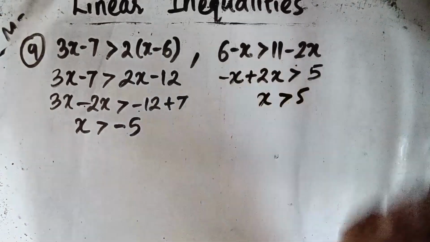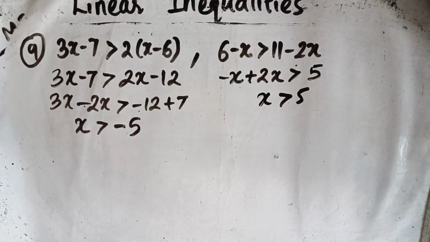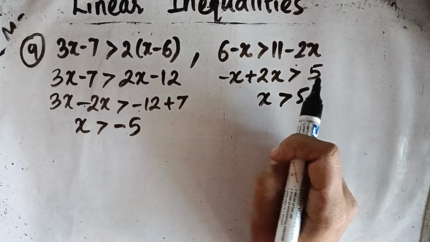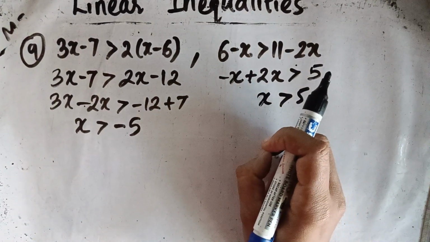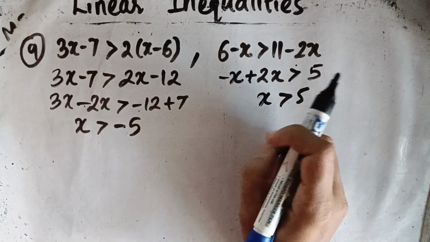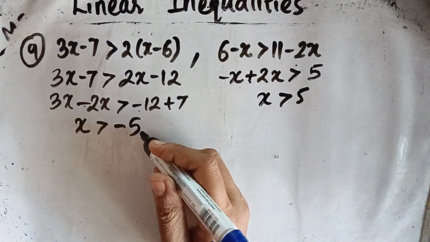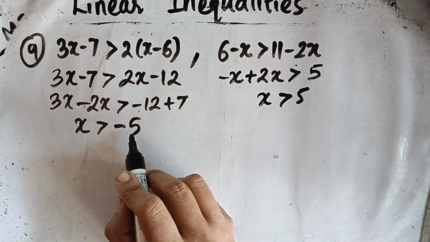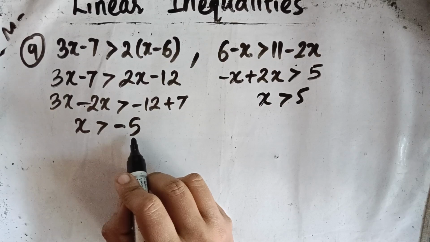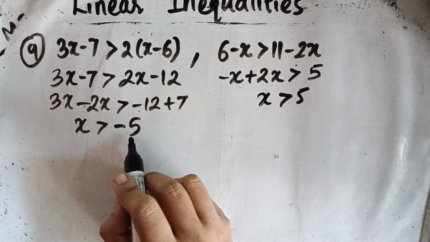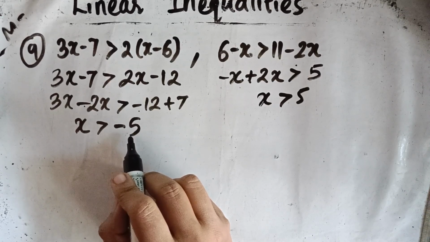X is less than minus 5, x is greater than 5. So this is both numbers. X is greater than minus 5 and x is greater than 5 is there. So two things are there.